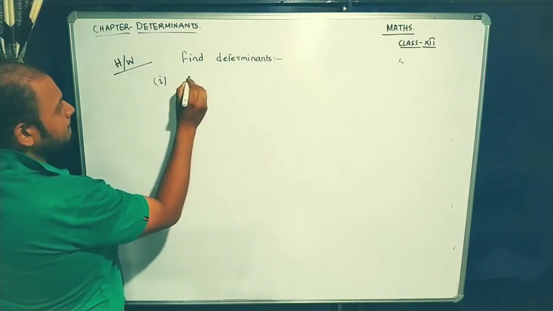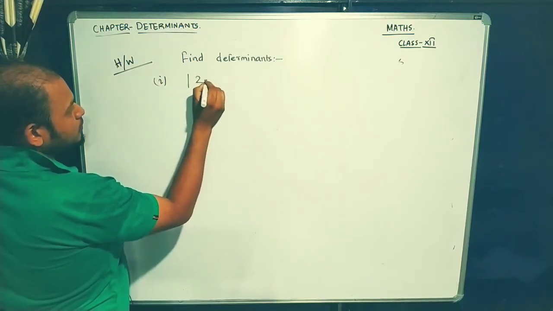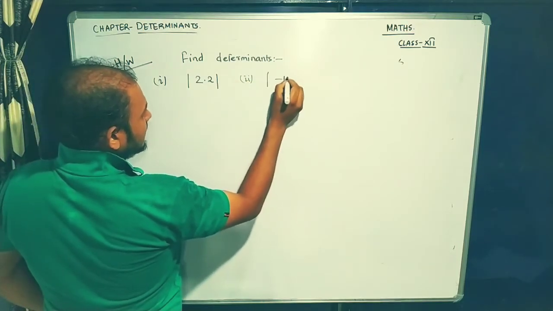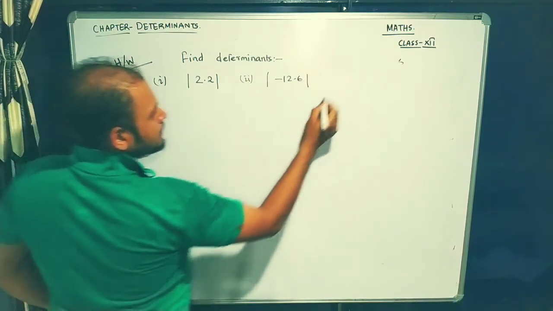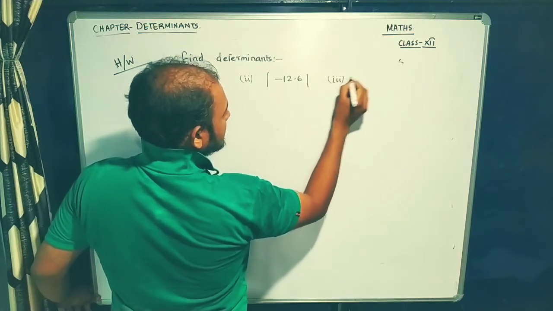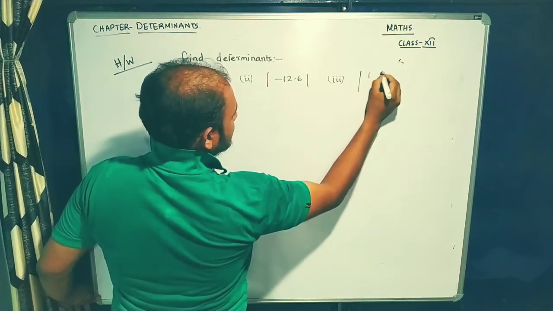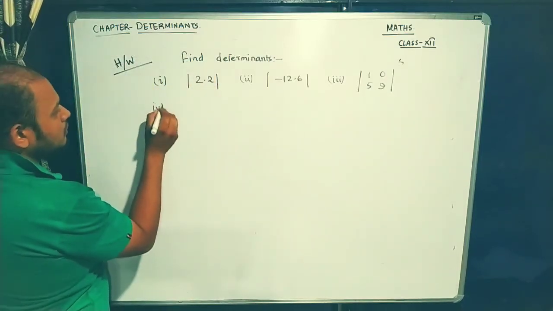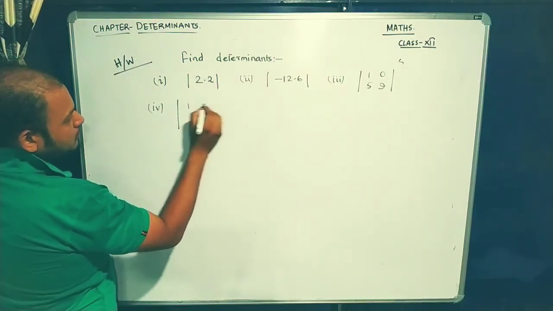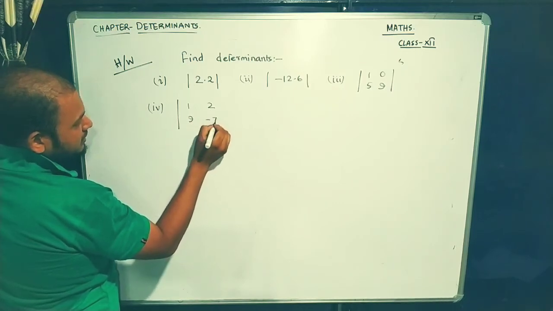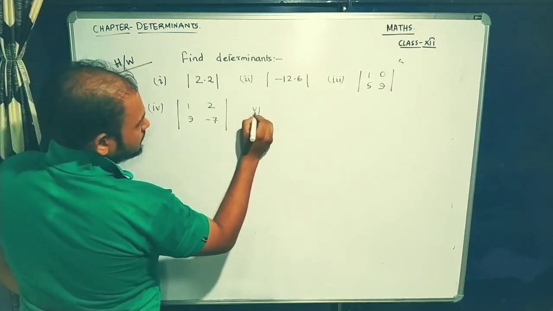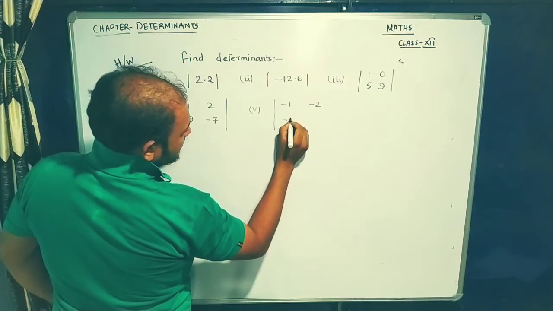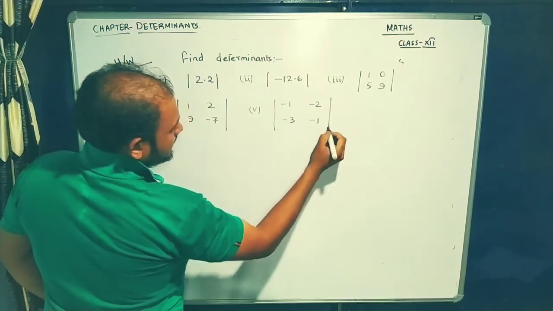Number 1, determinant of 2, 2. Number 2, determinant of minus 1, 2, 6. Number 3, determinant of 1, 0, 5, 9. Number 4, determinant of 1, 2, 9, minus 7. Number 5, minus 1, minus 2, minus 3 and minus 1.